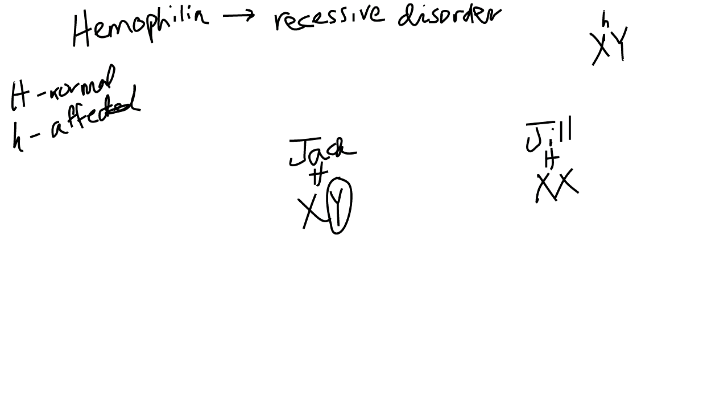Well, if she had inherited the Y from her father, she would not be a female, she would be a male. So we know that she had to inherit this affected X. So this is her genotype. She does not have hemophilia, but she carries that affected allele, so we would call her a carrier.